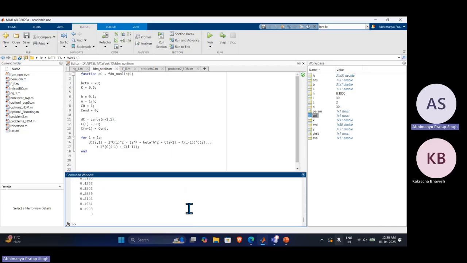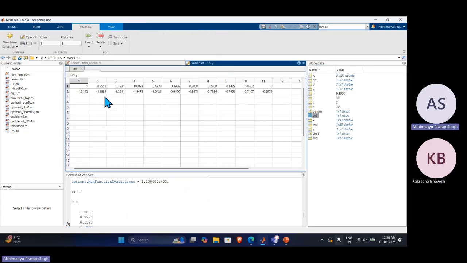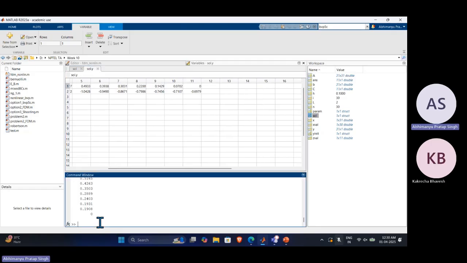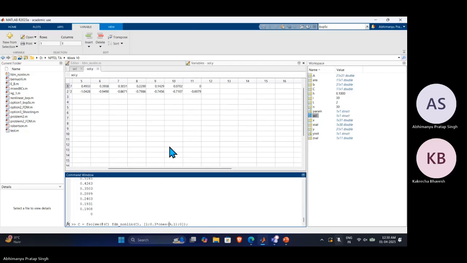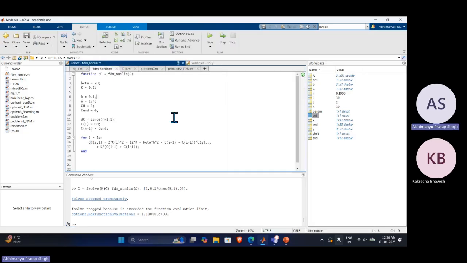Still it's not converging. So this way it's not solving.